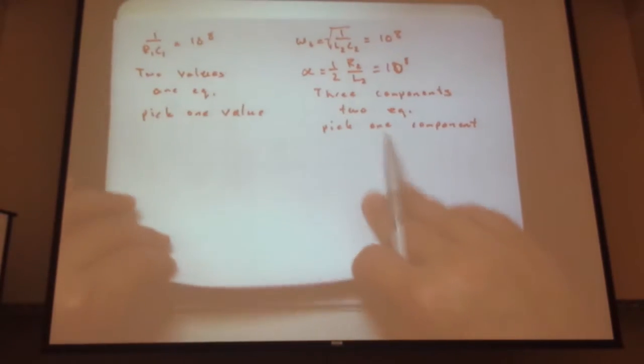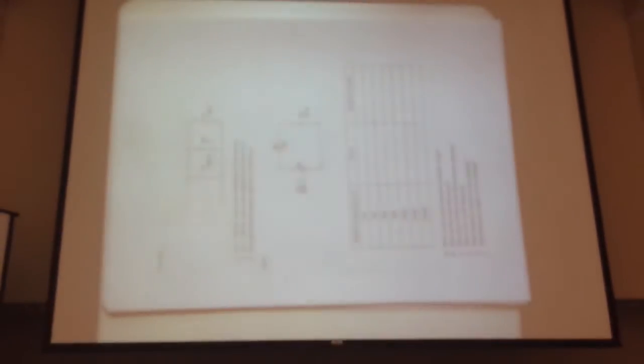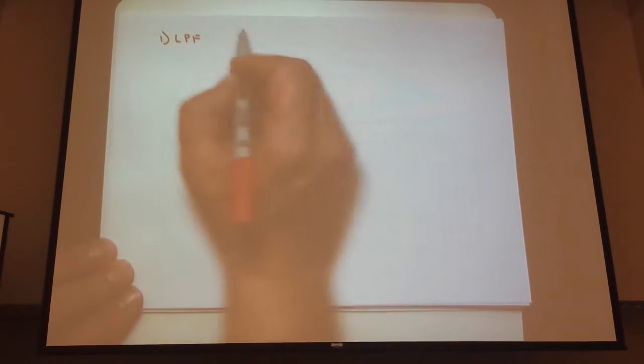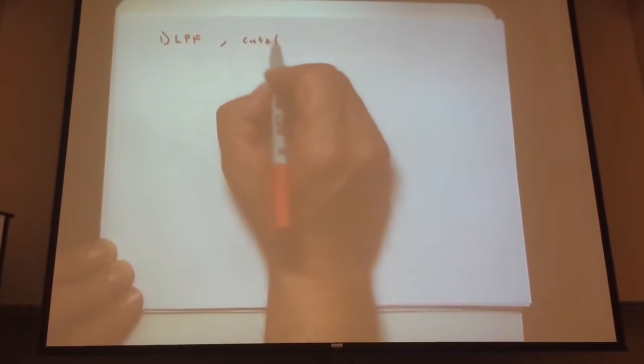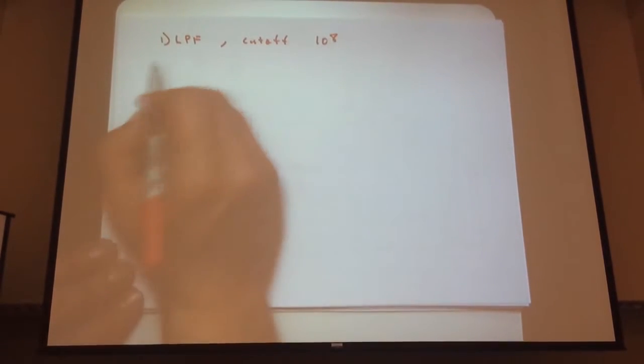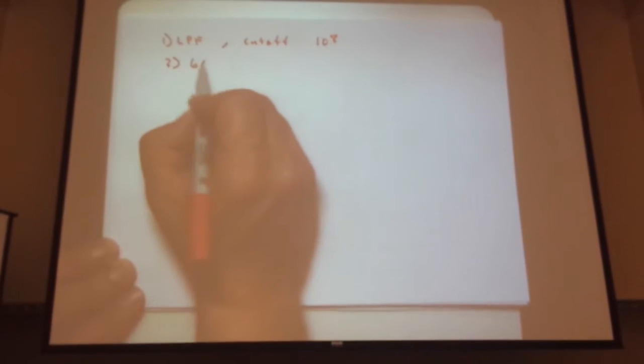So, same type of problem, but now we're going to do a low pass filter, cutoff at 10 to the 8, 60 dB roll off.